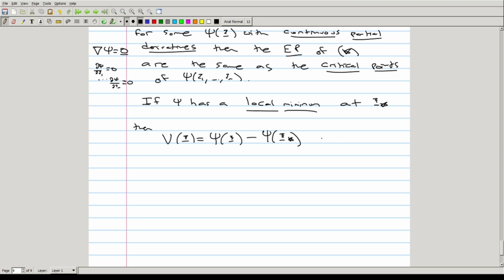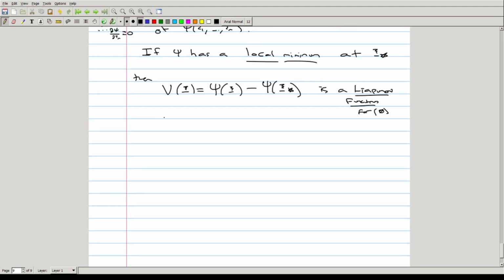This function is a Liapunov function for xi star. And this is relatively straightforward to go through and show.